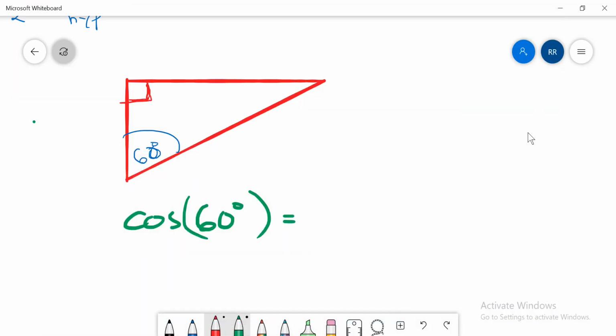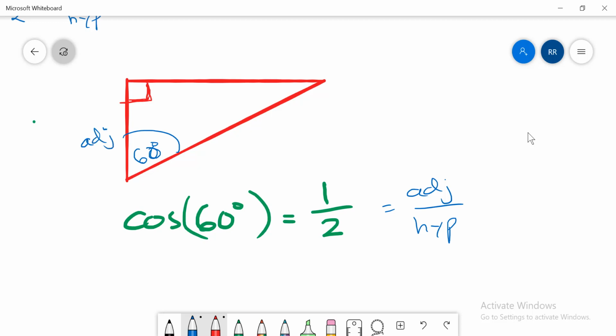So again, what does that mean? It means that the ratio of the adjacent side and the hypotenuse is 1/2, right? So let's find the adjacent side. The adjacent side is in here, and this one is the hypotenuse. So the ratio of the adjacent and the hypotenuse is 1/2.